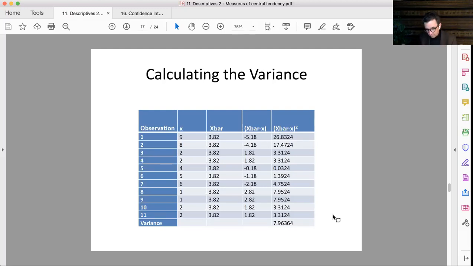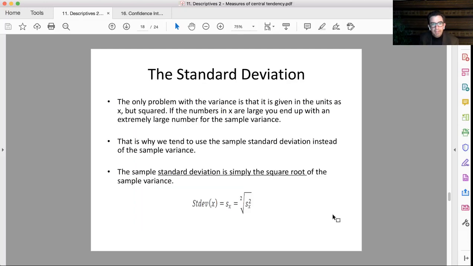So we want to square so that negative numbers are adding, so it's just deviations. And because it's squared, it's not very useful, and it's usually huge numbers. So the standard deviation is the square root of the variance. Not usually, always. The standard deviation is the square root of the variance.